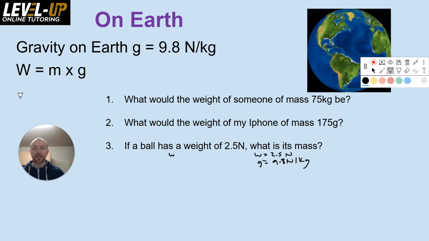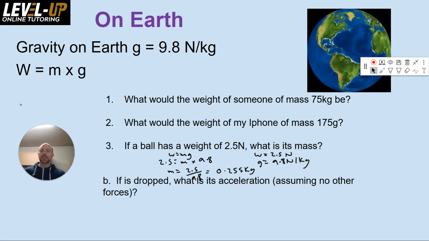We can substitute into W equals mg, which is 2.5 equals m times 9.8. And then our m equals 2.5 divided by 9.8, which equals 0.255 kilograms.